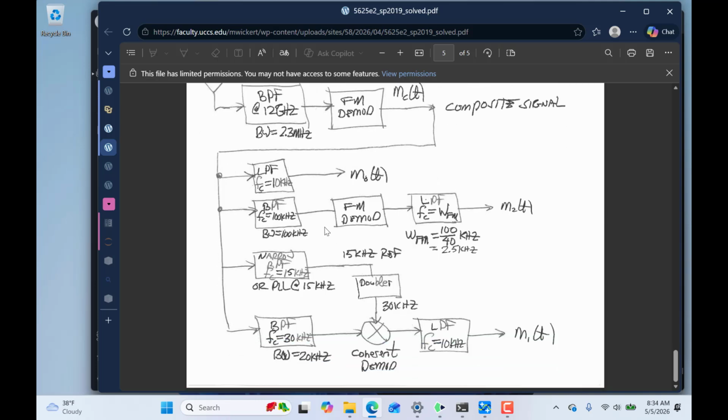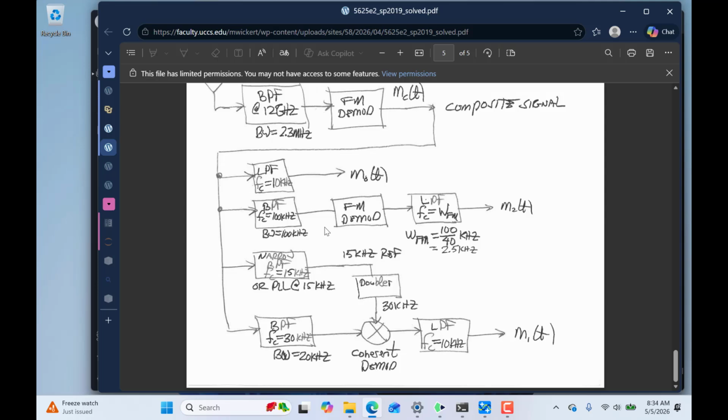We're going to get back the FM signal that was at 100 kilohertz with another FM demodulator, but we're going to precede that with a bandpass filter. And those are the basic requirements. So whenever you have a block diagram like this, you have two pieces of information. You should at least provide the center frequency of a bandpass filter and the bandwidth. If it's a low-pass filter, it's the cutoff frequency. So at any rate, that's dealt with here.